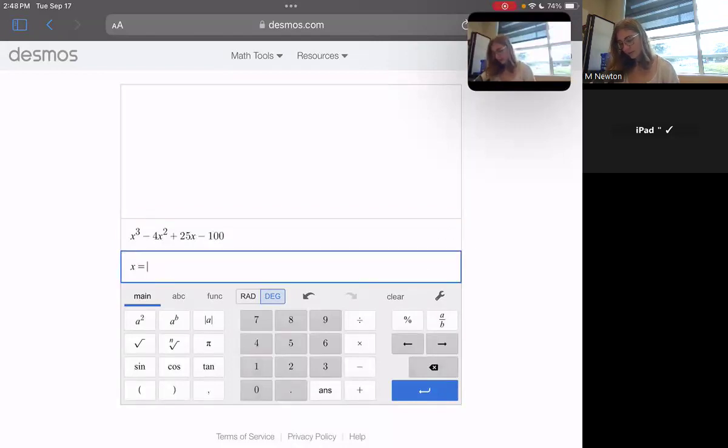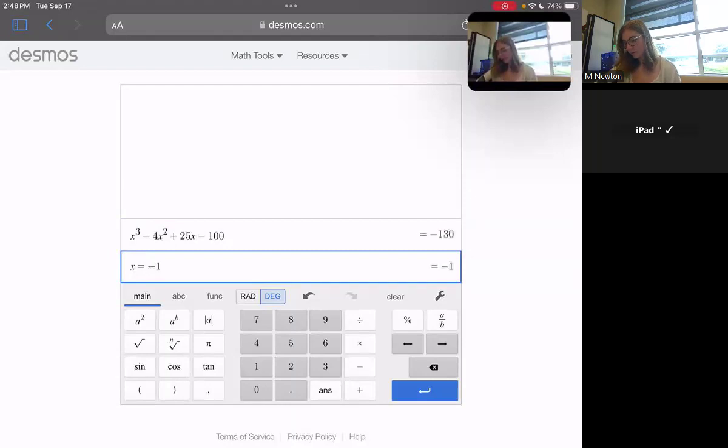And now that we have that equation, I'm just going to enter each of my possible zeros and see which one equals 0 at the top. So this one does not work because our remainder is negative 78, or the equation equals negative 78. We're looking for when it equals 0.